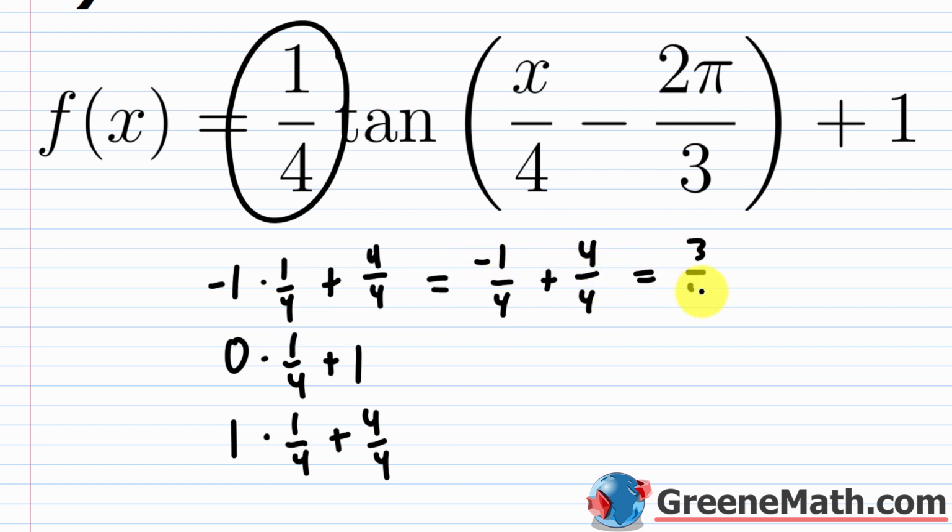So this would be 3/4. Then here, 0 times anything is still 0. So 0 plus 1 is 1. And then here, 1 times a fourth is a fourth. And then plus 4 over 4, this is 5/4. So you get 3/4, 1, and 5/4. So let me put quarter, half, and 3/4. Put our points in there.